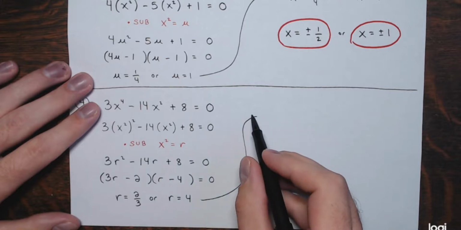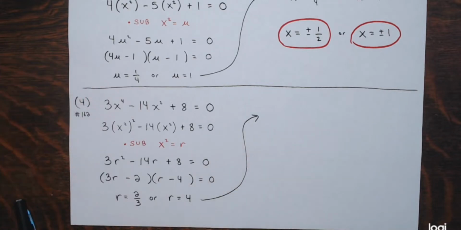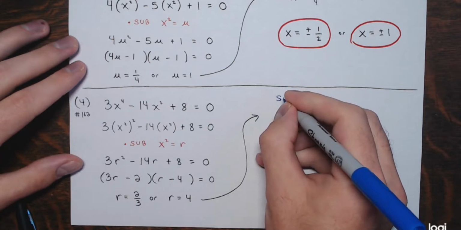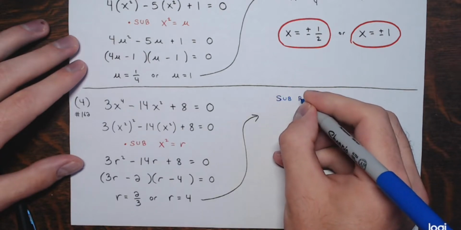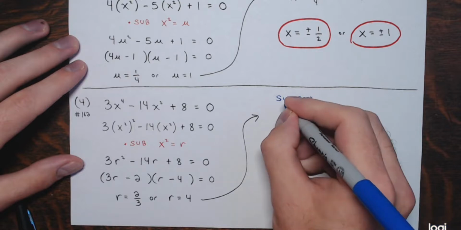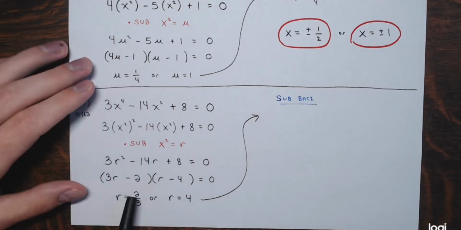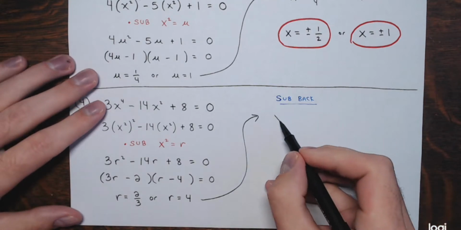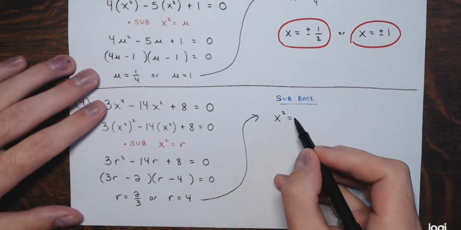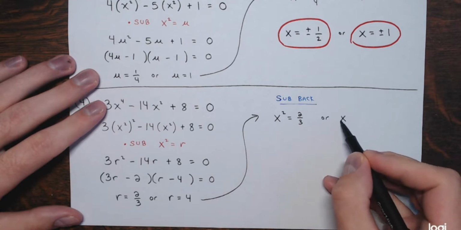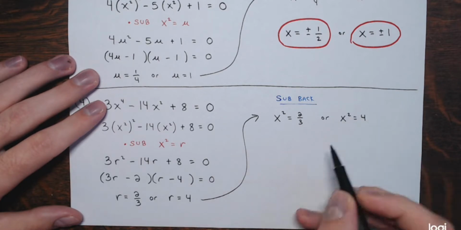And I'm taking this over here again. Now we will sub back. I've solved for the new variable, but I want to go back and solve for the original variable. r was x squared, so we have x squared equals 2/3 and x squared equals 4.